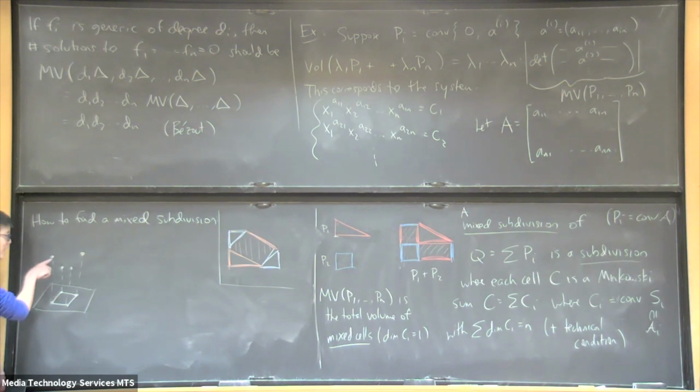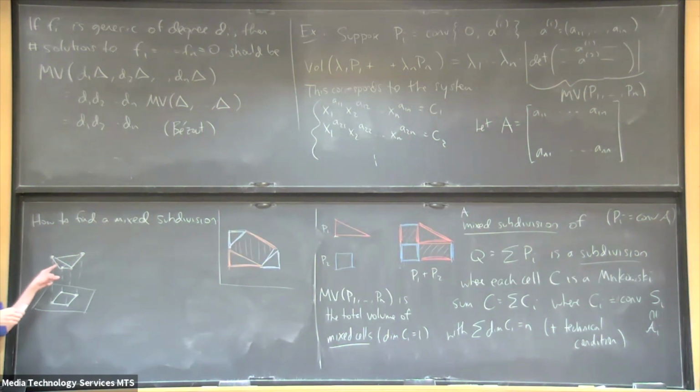The convex hull of these points will be of one higher dimension, as I've lifted things up to one higher dimension. Now if you look at this polytope up here, some of the faces are on the top and some are on the bottom. The ones on the bottom are the ones where, if I take a normal vector to the face, the vertical component is positive, whereas for the ones on the top, the vertical component is negative.